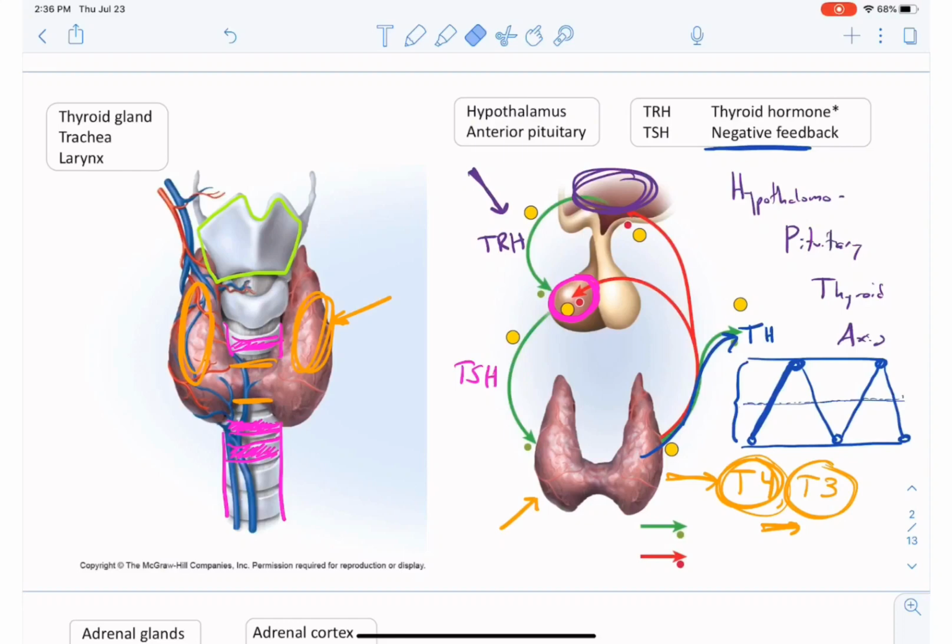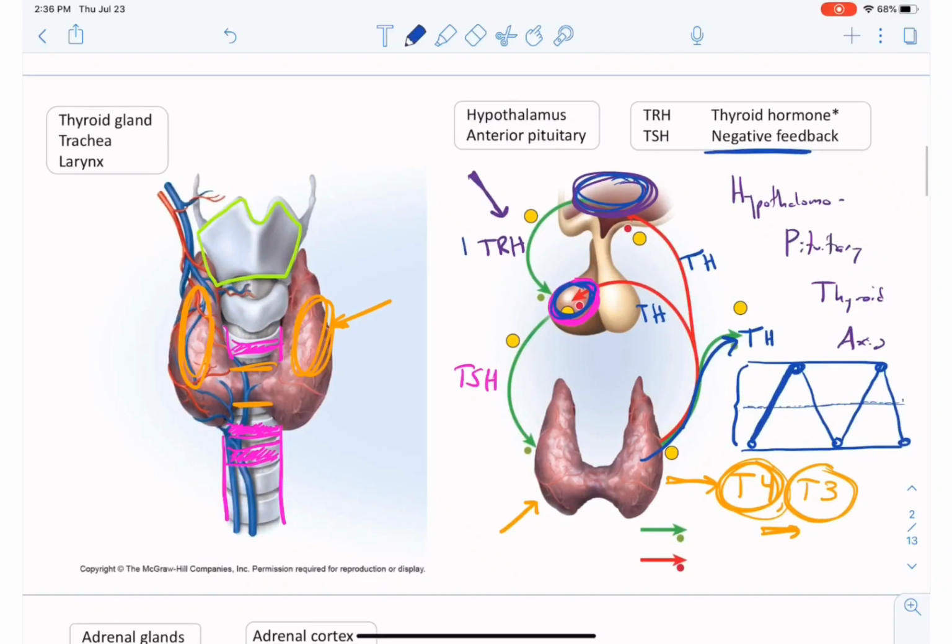And what happens at this point is that thyroid hormone acts back on both the hypothalamus and the anterior pituitary, and it depresses this thyroid axis. Specifically, what it does when it acts back on the hypothalamus is it decreases the release of TRH.